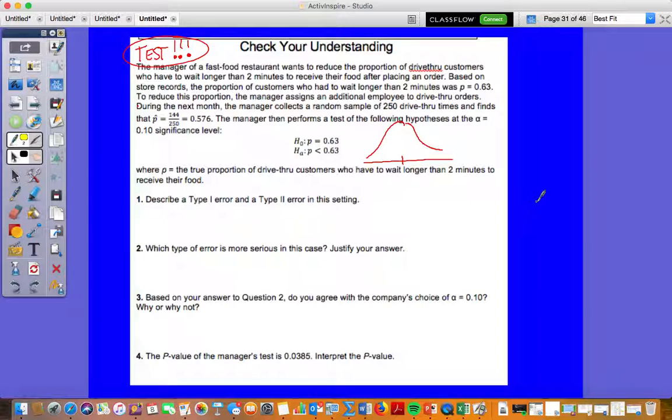Okay, here's what I need from you. Either go back to the boards you were at, or if you want to divide up into different groups, I'm fine with that. I need you to go ahead and attack the check your understanding. Go through 1 through 4 and make sure that you hit this.